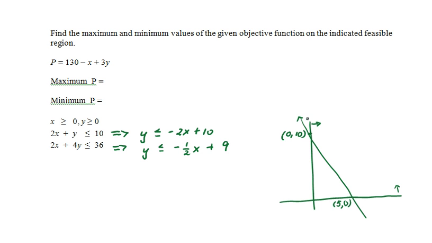All right. And the last constraint has y-intercept (0, 9) and slope negative 1/2. So it is going to have an x-intercept, which is actually positive 18.